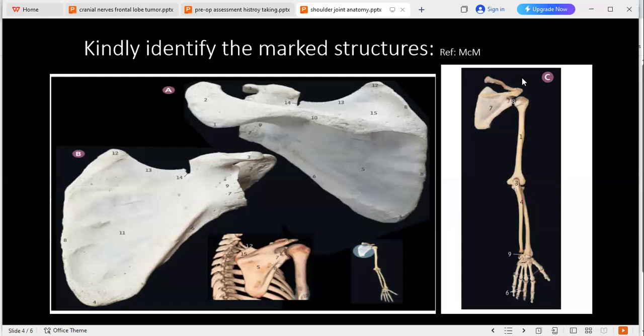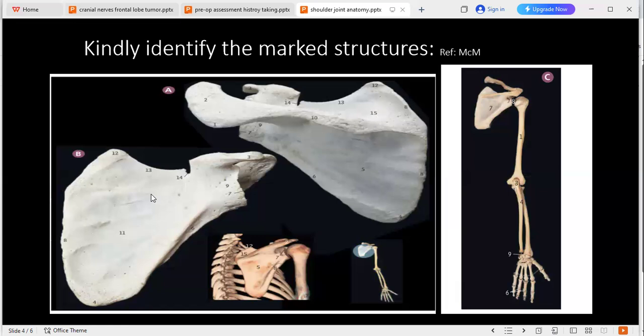Now I want you to identify certain structures. On picture A, please identify number 2. It's the acromion. Please identify number 5 here, picture A. This is the infraspinatus fossa. And 15?